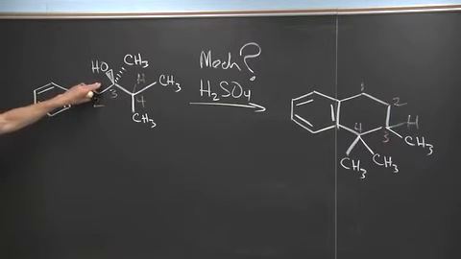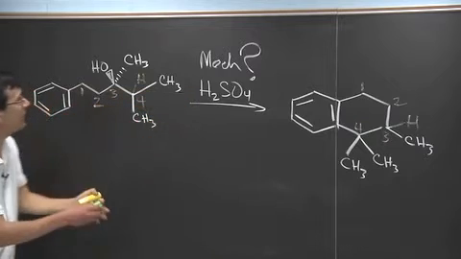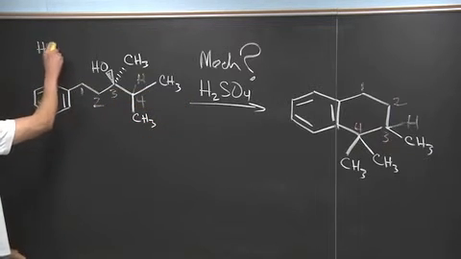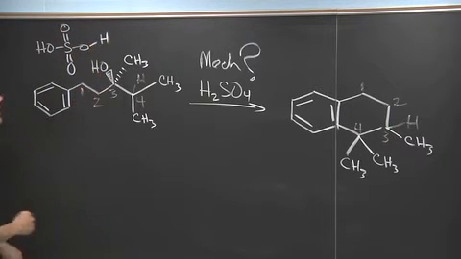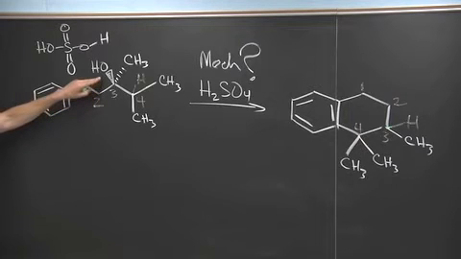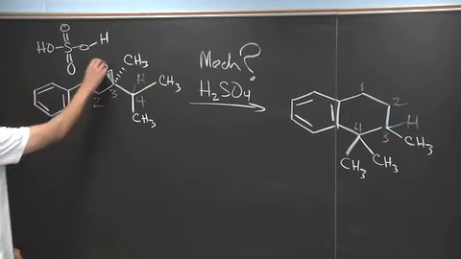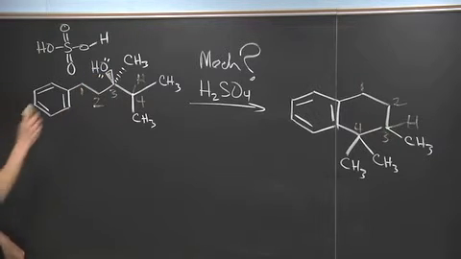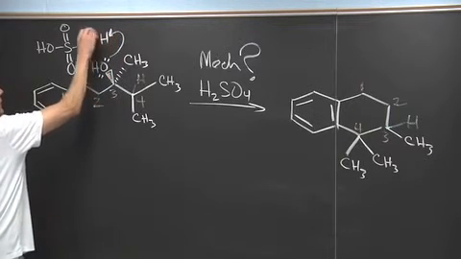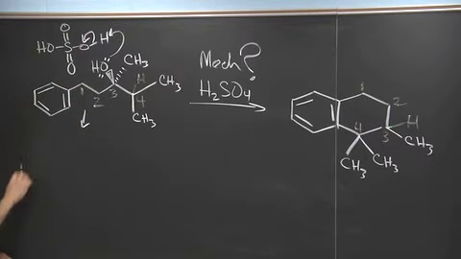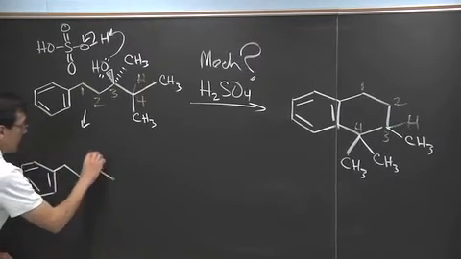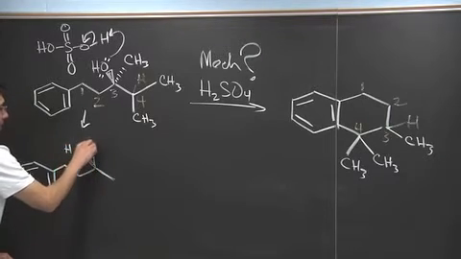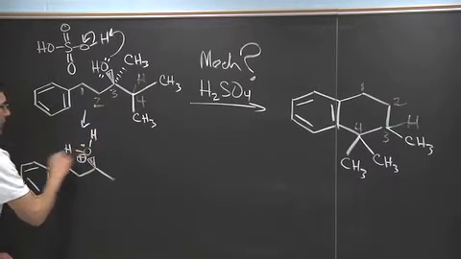To get started, we might identify something that could happen in the presence of an acid. So here is sulfuric acid. And a reasonable place to start might be protonation of this alcohol. So if we protonate there, that makes the OH group into a much better leaving group.